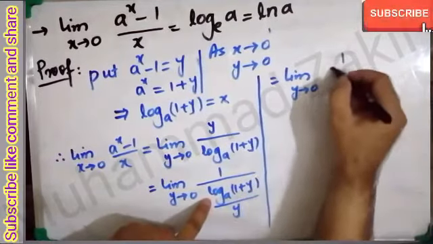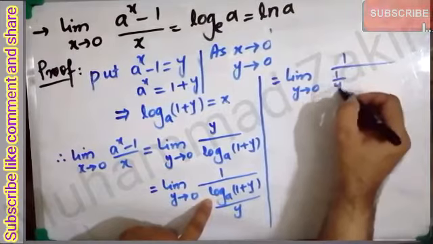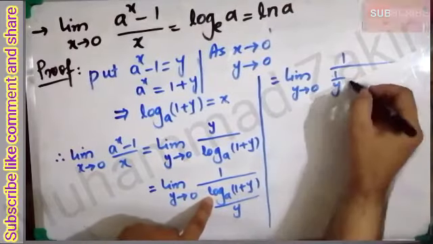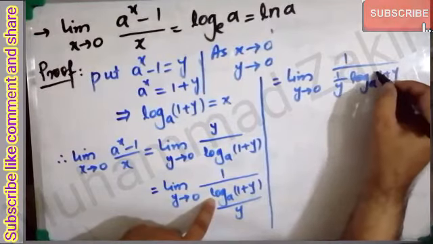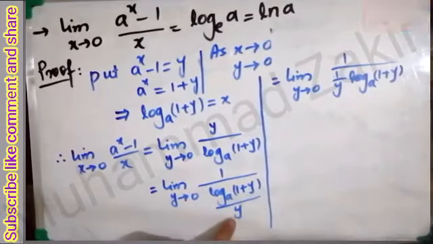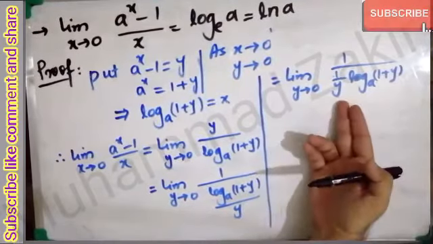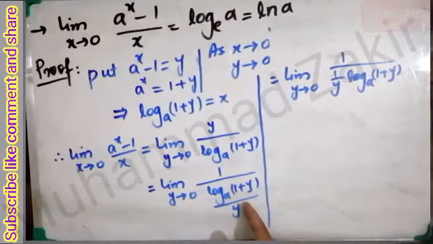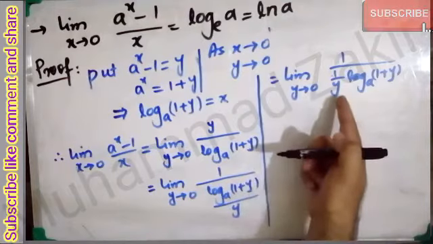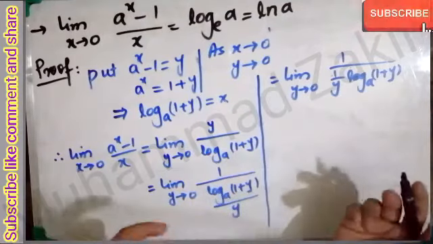It can be written as 1 by y log to the base a of 1 plus y. So y is at the third place. Previously the whole value was written in the denominator. Now it is written as 1 by y, the same form.